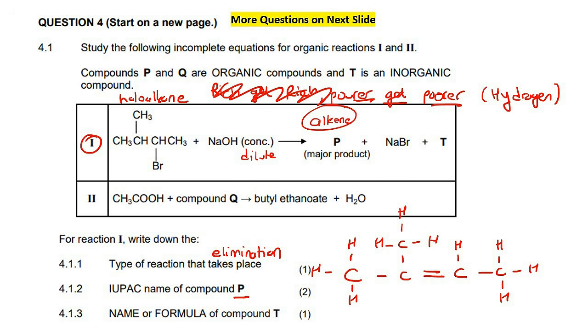Now they want the name of this molecule, so we are going to name it from the side that is closest to the double bond. But if you look carefully, the double bond is in the middle. So the next best thing is that we're going to name it from the left-hand side so that this branch can have the lowest number possible. So to name it, you're going to see how many carbons are in the main chain. That is going to be 4.